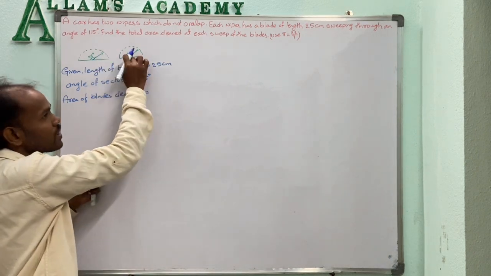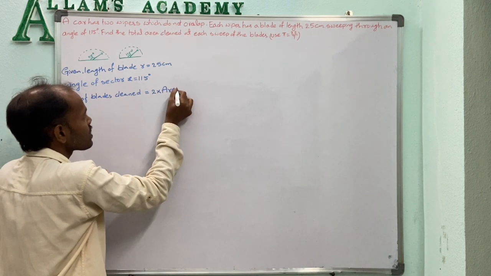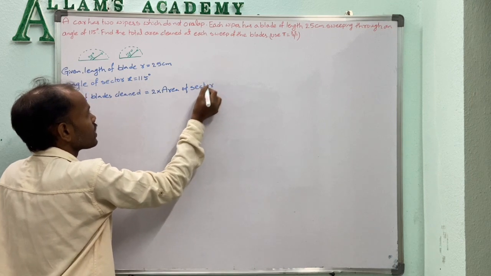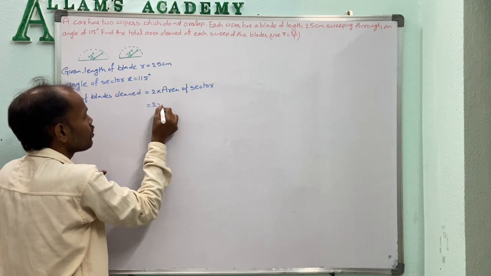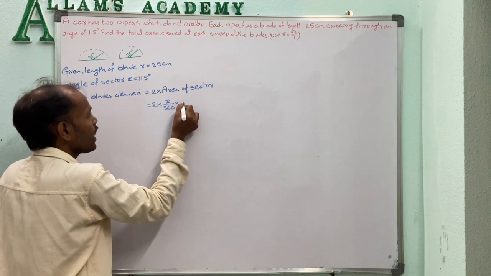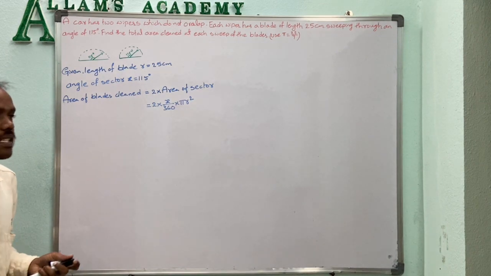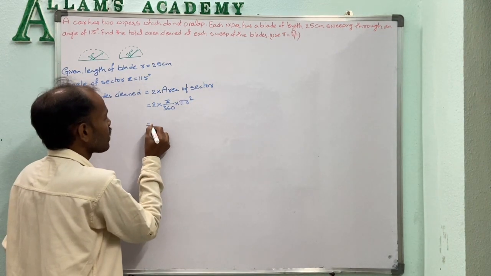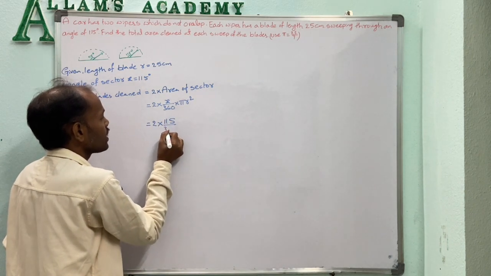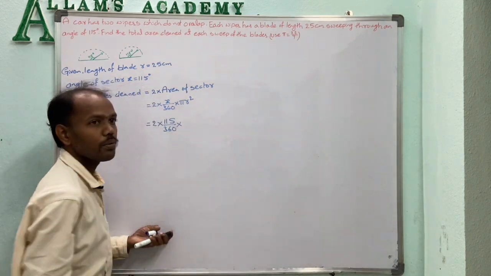So for the two wipers, 2 into area of sector, that equals 2 into x by 360 into pi r square. Area of sector is nothing but x by 360 into pi r square, that equals 2 into 115 by 360 into pi value. Here it is mentioned that we take 22 by 7.